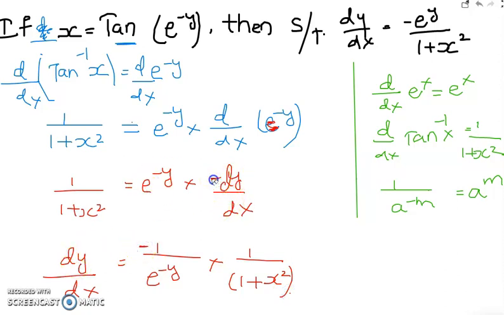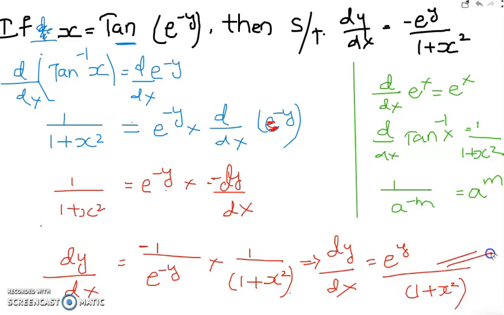Just we are sending the minus, and this in the denominator. Minus will go to that side and 1 by e power minus y will go there. What will we get? dy by dx is equal to what? This will go to the numerator, e power y, so dy by dx is equal to minus e power y by (1 plus x square). This is the answer. Hoping that you have understood. Thank you.